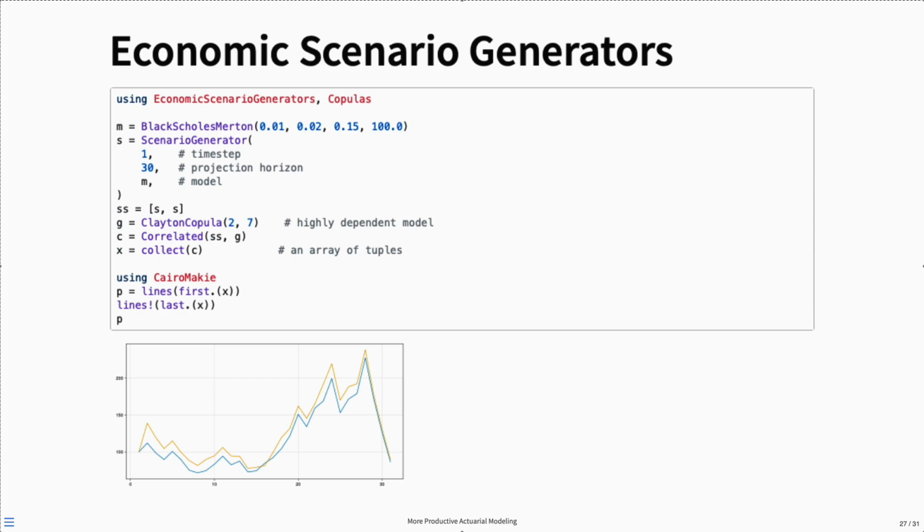But I wanted to showcase it because, again, it's another way of demonstrating how you can compose two packages that don't know about each other, copulas and EconomicScenarioGenerators, and come up with a correlated economic scenario generator in very few lines of code, and it's very performant as well.